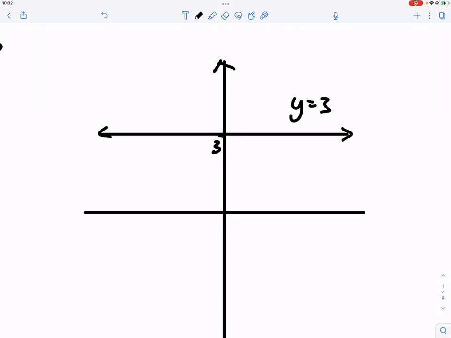Because what could x be on this line? Anything. Anything will work, because all the points right here share one thing in common: the y coordinate must equal 3. What's x? x is anything. So that's why we don't see x in the equation.